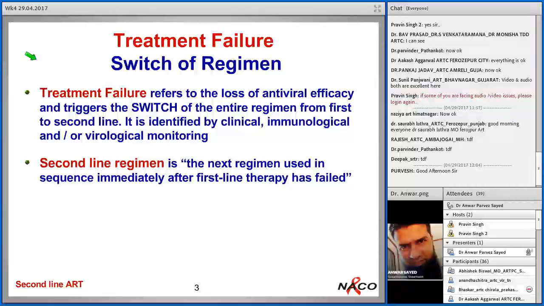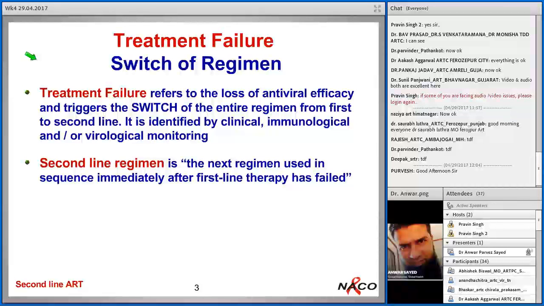Those drugs with a very high genetic barrier are used in second or third line of treatment. Those with an intermediate genetic barrier are used in the first line. And the cost and everything will also depend on these factors.